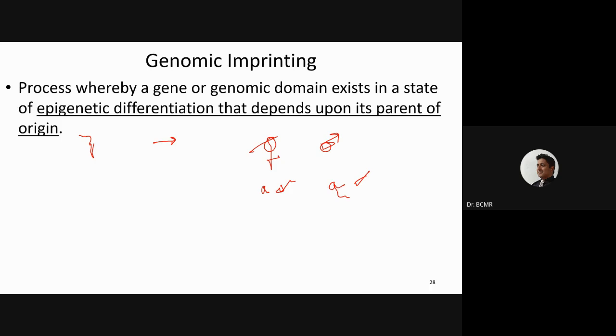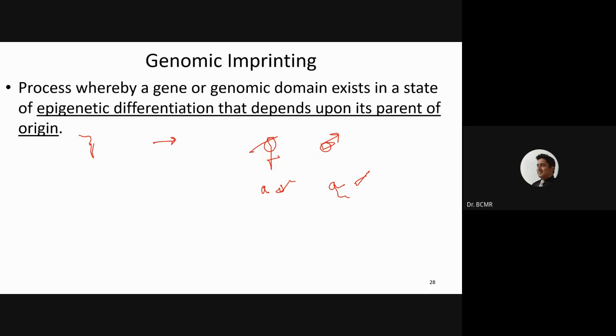That means there is something about that particular allele, because of some modifications, which are epigenetic modifications, that will determine that the gene is either expressed or repressed, right?